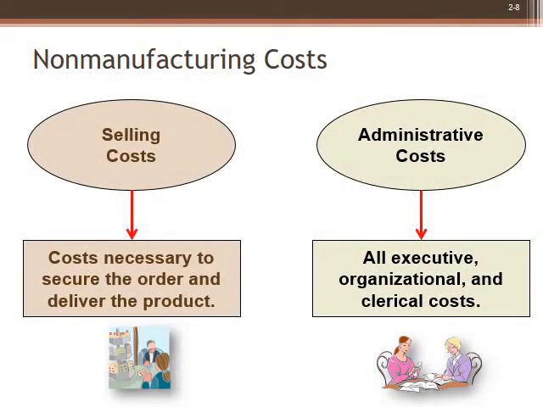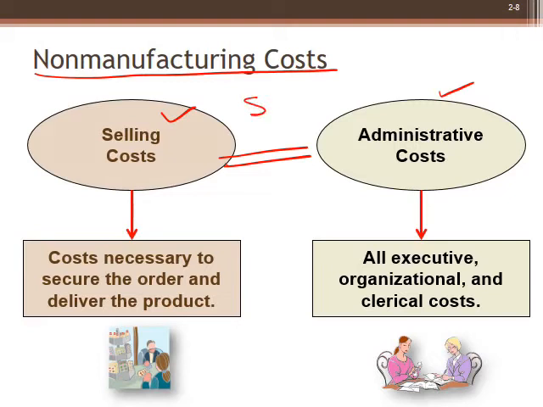Okay, there are many other costs incurred by a manufacturing company that do not belong to the categories of manufacturing cost. We call these non-manufacturing costs, which include selling and administrative costs. Sometimes we just combine them and call them selling and administrative costs.